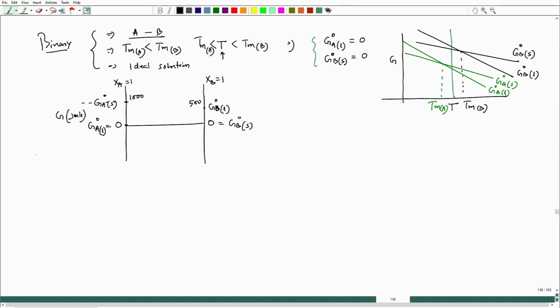So, delta G naught m A equal to minus 1000 joule per mole, and delta G naught m B equal to plus 500 joule per mole, and this is G1 of liquid, this is G1 of solid.